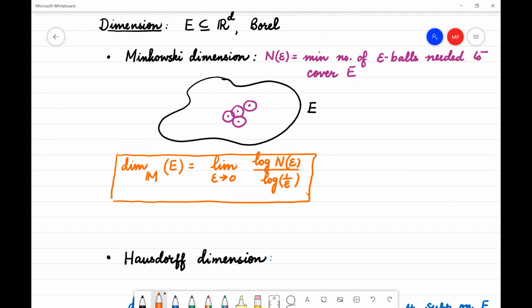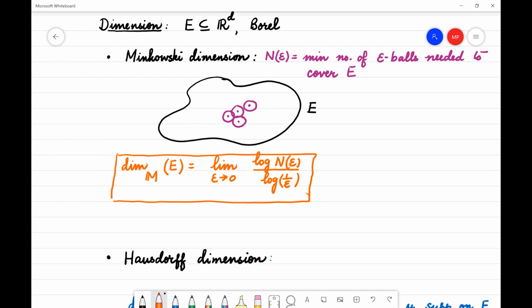So curves will always have Hausdorff and Minkowski dimension 1, surfaces will have these dimensions to be 2. But these things are trying to get at different aspects of size, and none of these three notions of dimension are necessarily the same.